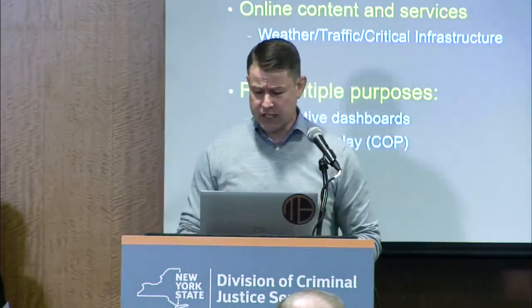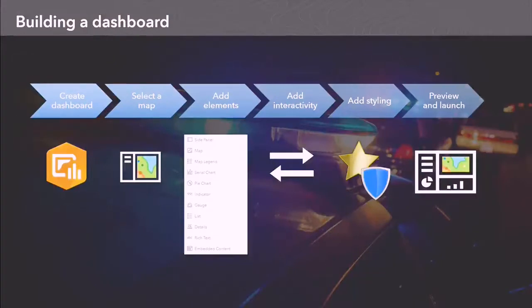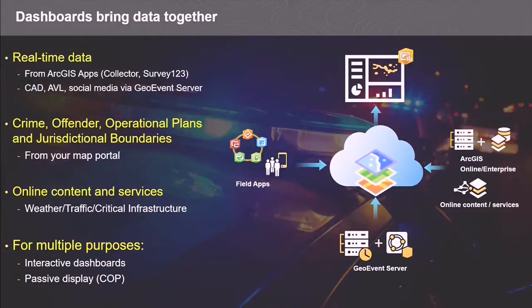And there's usually two primary ways in which we see agencies using these dashboards. First, passive dashboards that might sit on a video wall where people look at key indicators as they pass by, which provides at-a-glance useful information, or interactive dashboards.